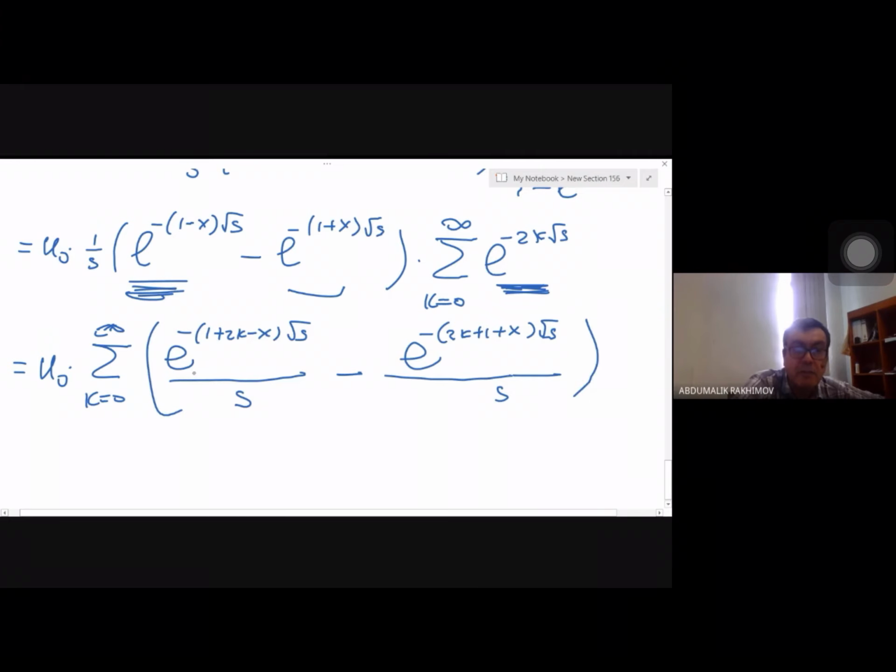U0 is a constant, summation is a summation. I need to take the inverse back from s. Wherever I see s, I have to take the inverse. This function is exponential of minus a times root of s over s, where a is different each time.